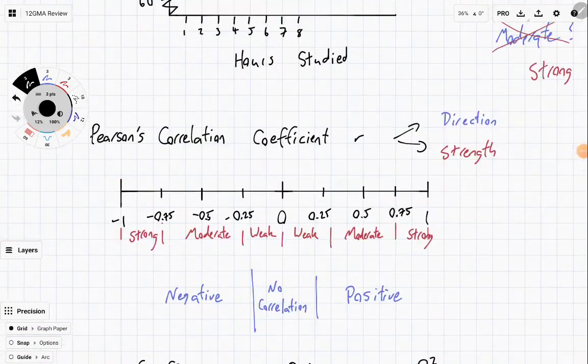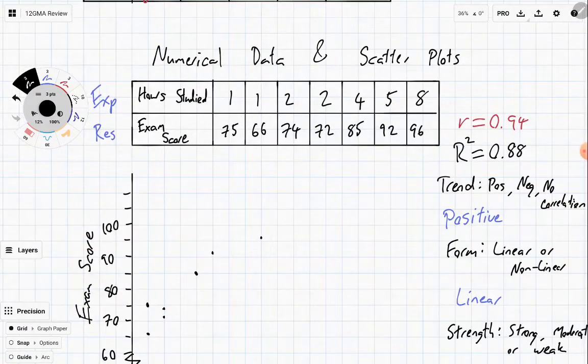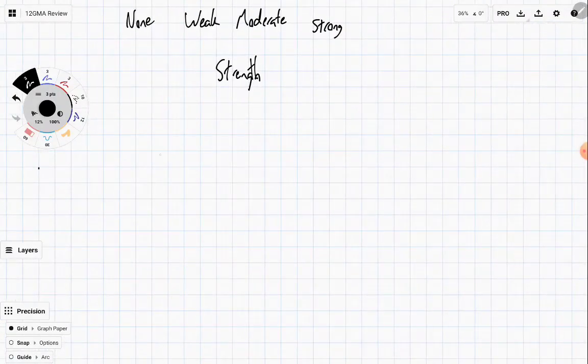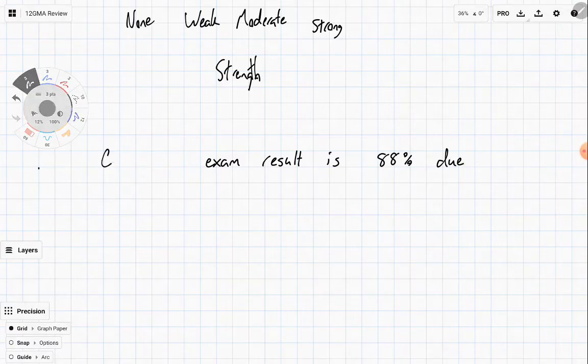So the exam result, changes in the exam result are 88% due to changes in the hours studied. Okay, so how can we use this more generically?